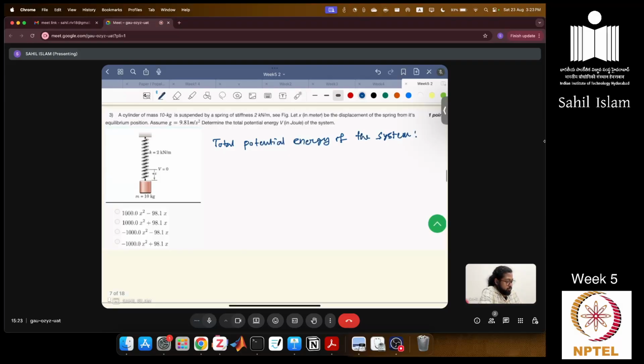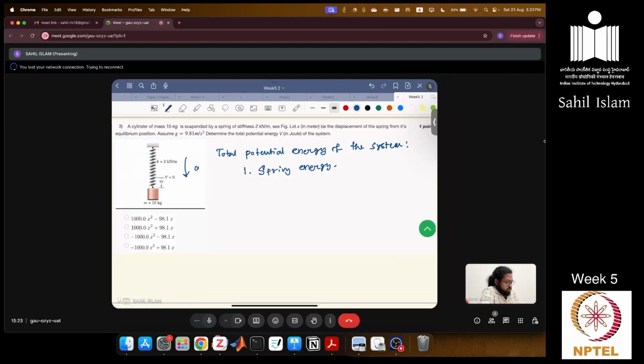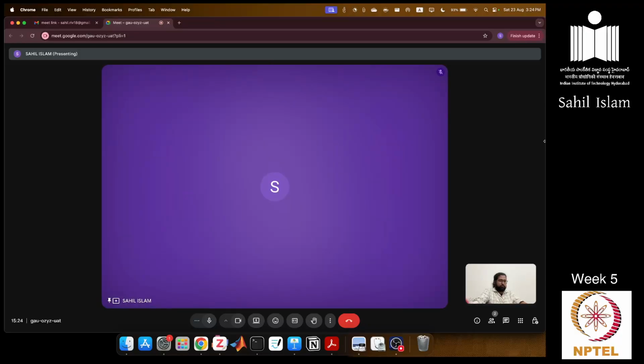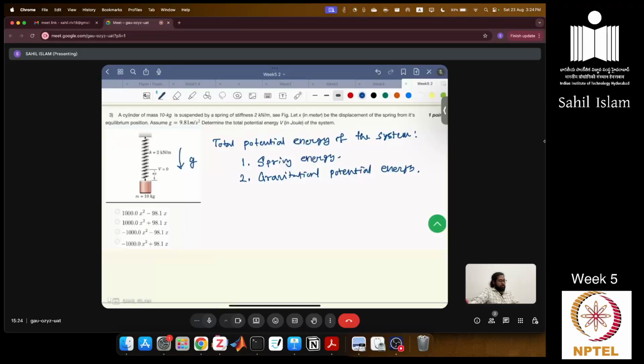So what will be the contribution? One is spring energy, and the second one is gravitational potential energy, because it is going down due to gravity.